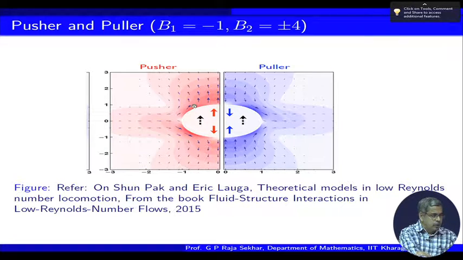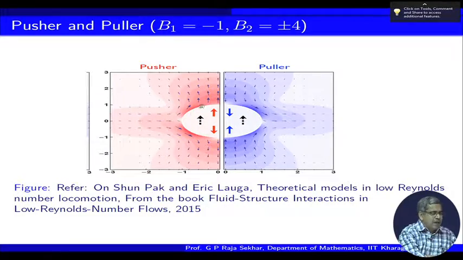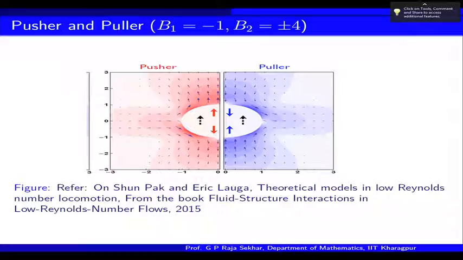Pusher means that when you do this stroke, the flow along the direction, forward and backward, is pushed, and it is collected from sideways. Due to axisymmetry only one portion is shown. If you plot the other direction also, it would have come. So, it is collecting from sideways, whereas in the puller it is pulling along the direction, front and back flow is collected, and flow is pushed sideways.